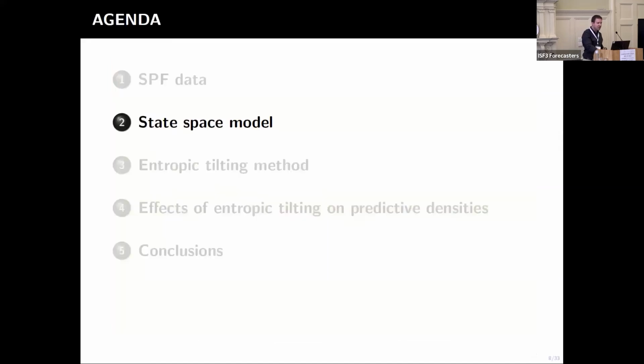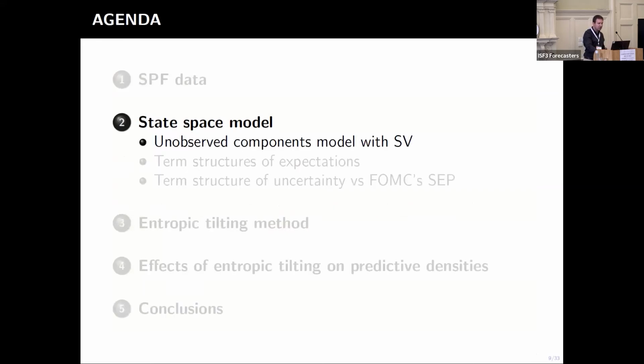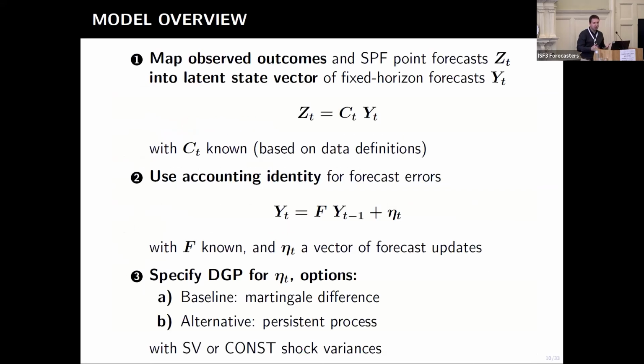Okay, so the state space model, which is at the heart of our approach, is basically an unobserved components model with stochastic volatility. So here, the first equation is the observation equation.